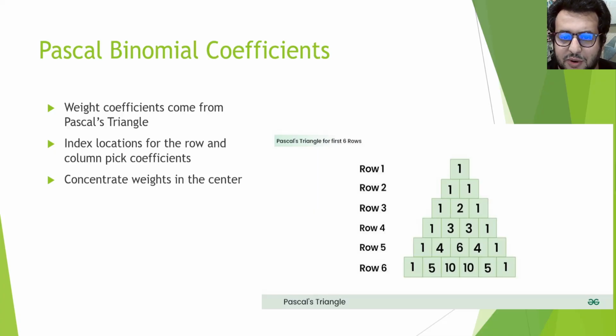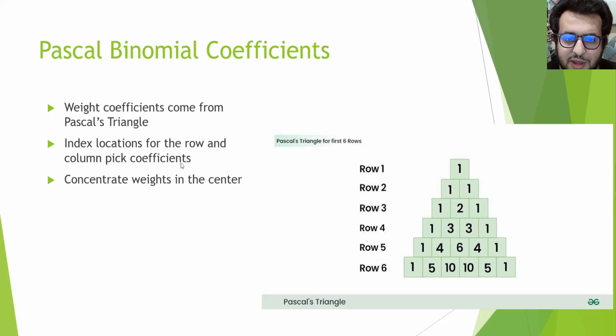Essentially, by using the triangle, we can generate coefficients weighted in such a way that you have most of the weight in the center going out, so that by the time you get to the very end, those have the smallest weights.